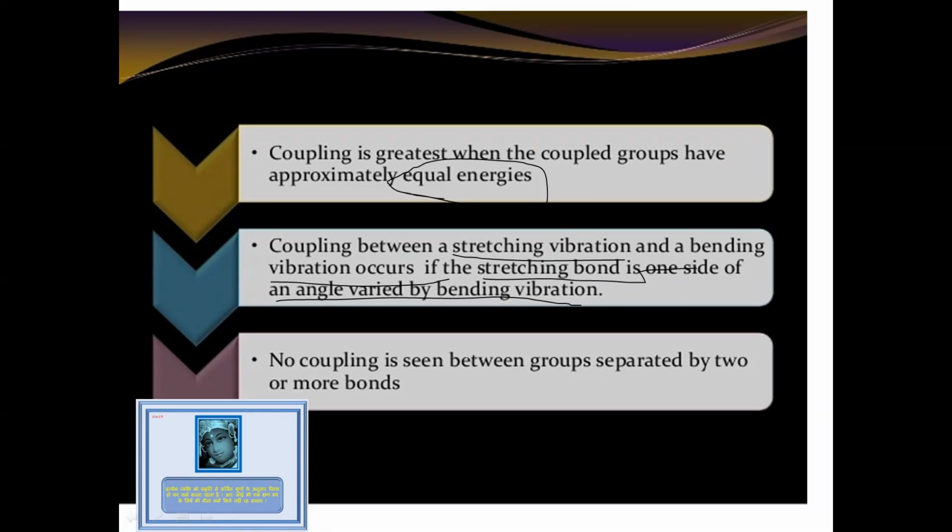No coupling is seen between groups separated by two or more bonds.